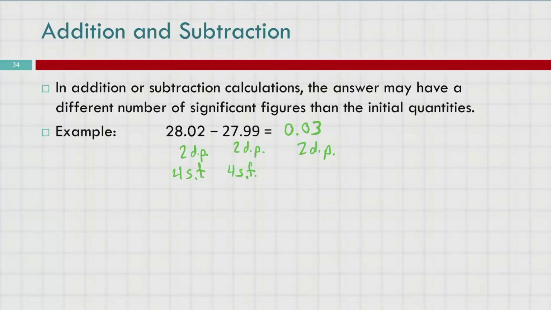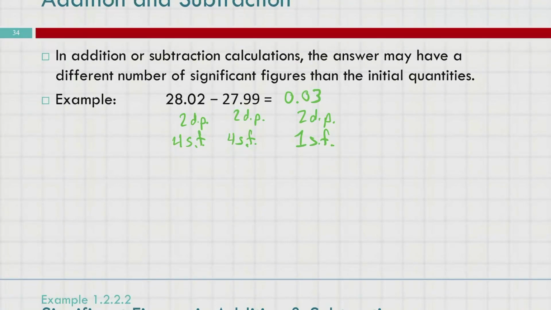And that has how many significant figures? 1 significant figure. So this is something that will happen sometimes. This is normal. It's not anything to freak out about. It probably will happen to you in a lab, on a calculation, on a worksheet. We can also have instances where we'll gain significant figures, and you'll probably see that happen as well. So that's normal, nothing weird.